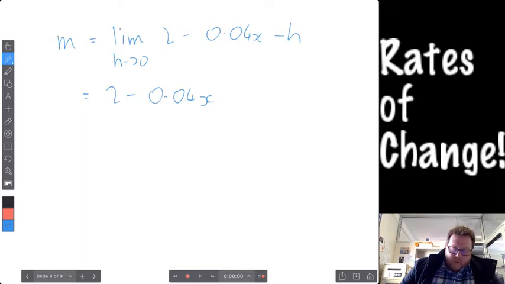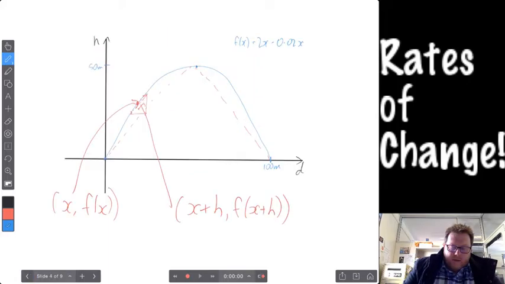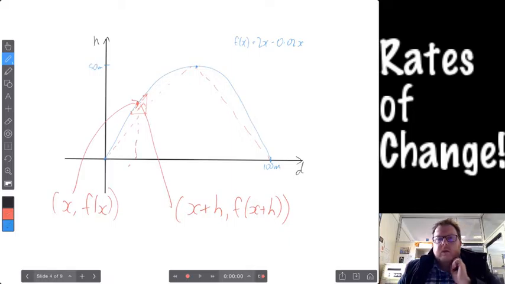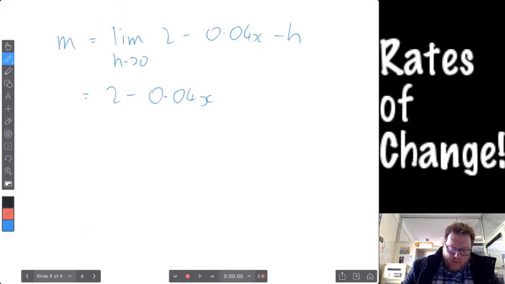So if I want to know, let's just say that this point is at 25 meters. If I wanted to know what the gradient was at 25 meters, I would simply substitute 25 in for x into my gradient formula and work it out.